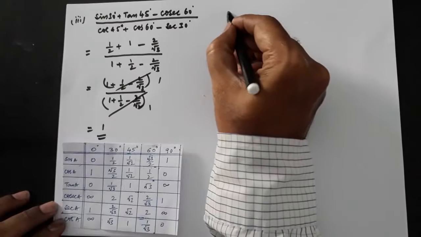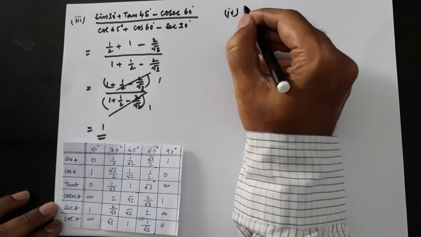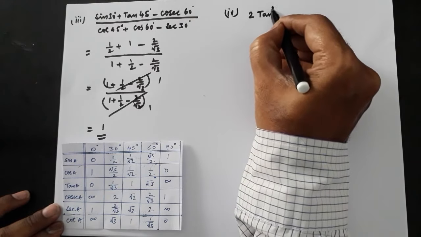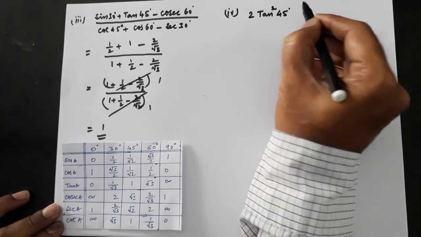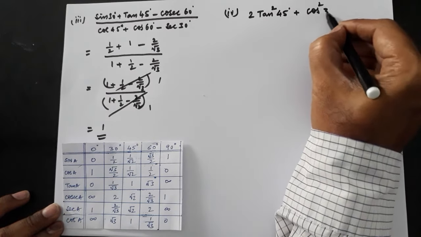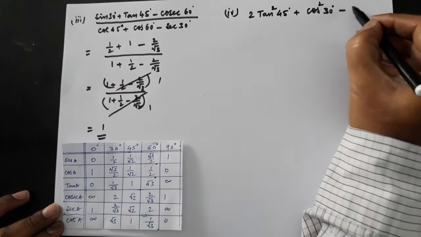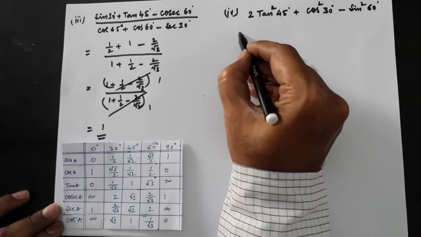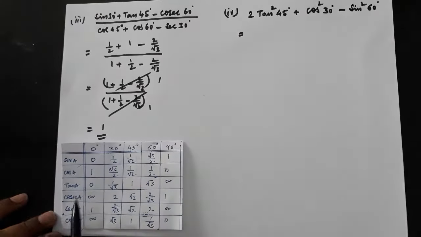Fourth sum: 2 tan square 45 degrees plus cos square 30 degrees minus sin square 60 degrees. Okay. So what is tan 45?